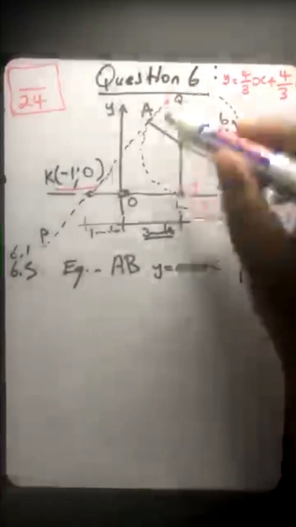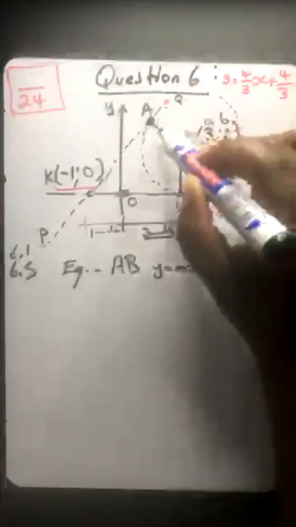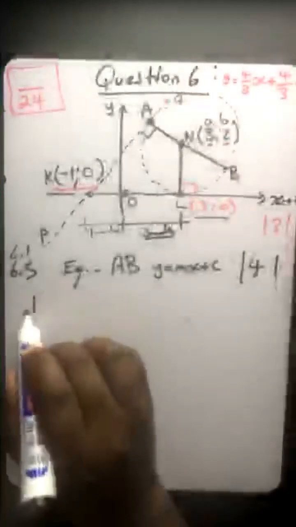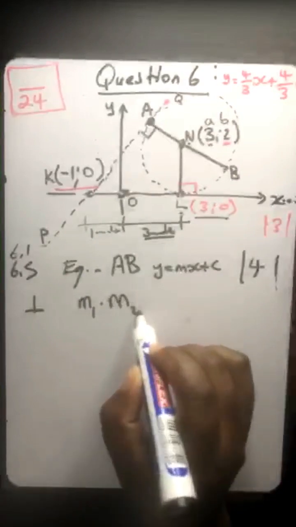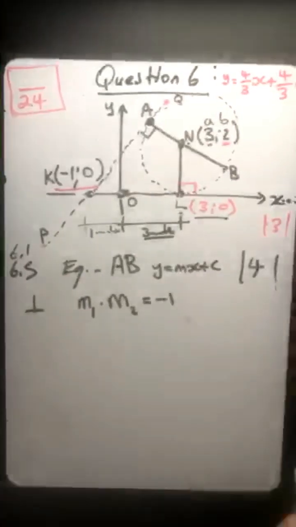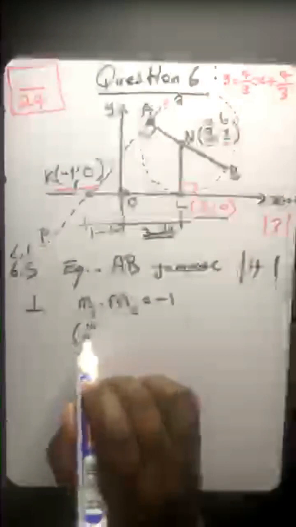100% correct. So remember, guys, at point A, that's where you have that line being perpendicular to that line, forming 90 degrees. And we know that when it comes to perpendicular lines, the gradient of line 1 multiplied by the gradient of line 2 equals negative 1. This is a formula. The gradient of that line, from that equation, we know it's 4 over 3.